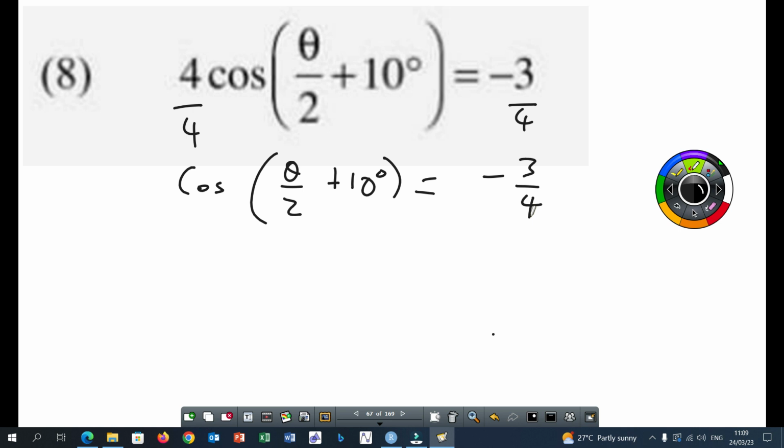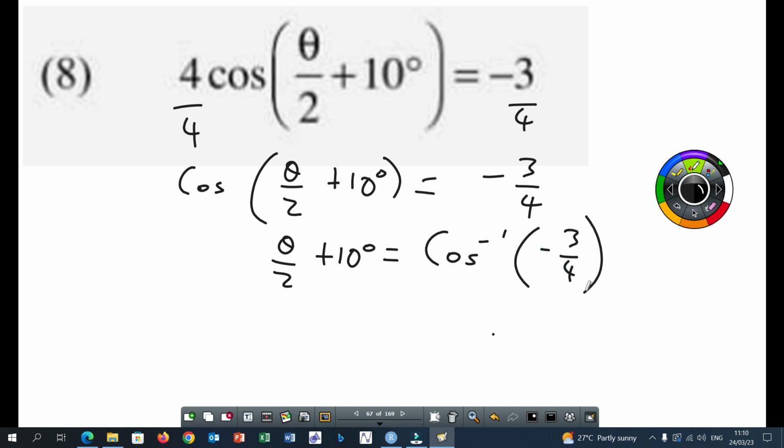Then you take the cos to the right, so you end up having theta over 2 plus 10 degrees equal to shift cosine of minus 3 over 4. What is shift cosine of minus 3 over 4? It's 138,59.